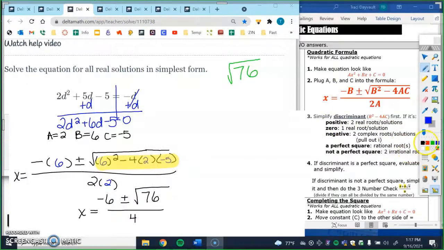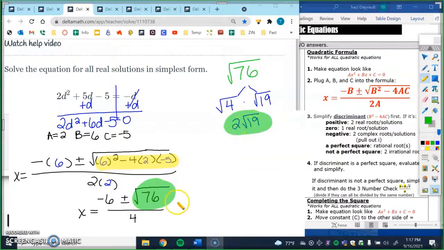So the square root of 76 is going to break down into the square root of 4 times the square root of 19. Next, the square root of 4 is 2, so 2 square roots of 19. So what I'm going to do now is replace the square root of 76 with 2 square root of 19, because that's the same thing, just simplified.